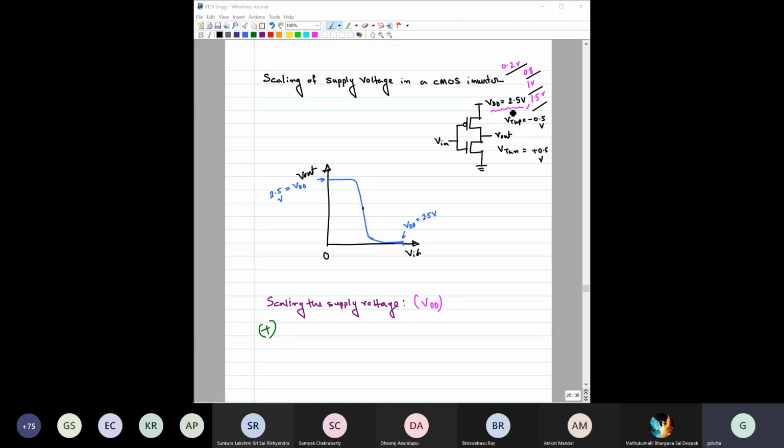So if you reduce this 2.5 volt to 1.5 volt, 1 volt, 0.8 volt, 0.2 volt, then what do you think is going to happen? I hope you have understood my question. Yes, sir, I understood your question. Then what is your opinion?